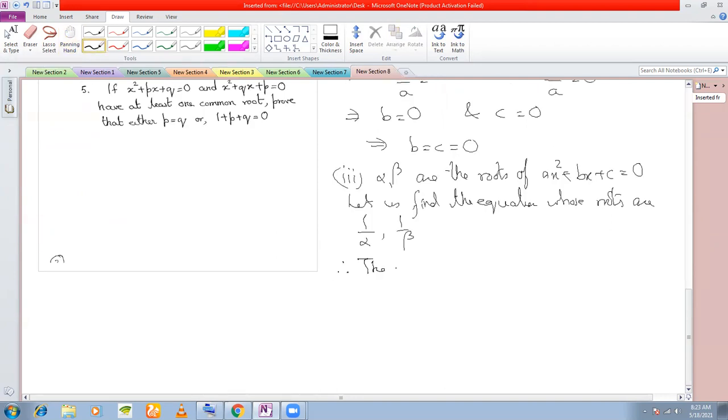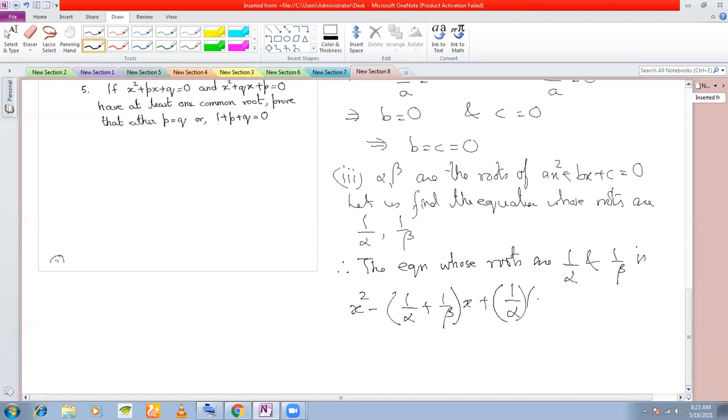The equation whose roots are 1 by alpha and 1 by beta is x square minus sum of the roots x plus product of the roots, isn't it? Right?